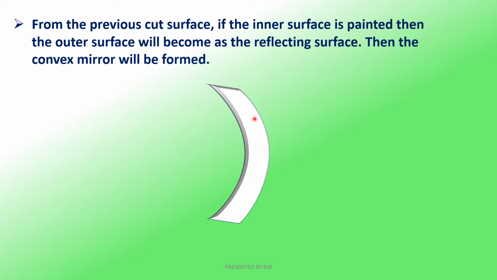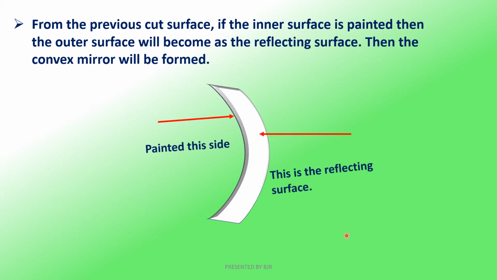The outer surface is curved outward, otherwise it is bulged out. That's why it is called the convex mirror. So painted this side, and this is the reflecting surface, this one. Okay, so it is a convex mirror.